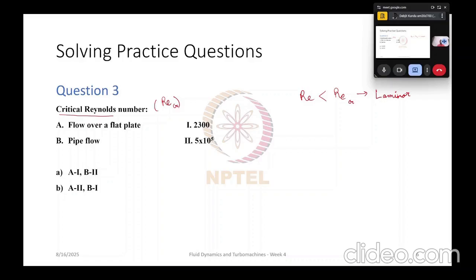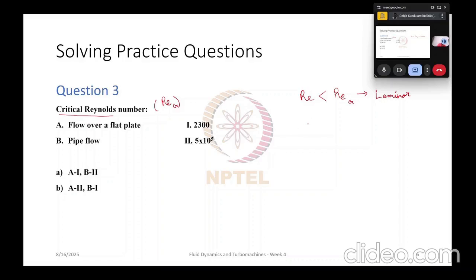The viscous effects dominate, and those disturbances die down, as a result of which we get laminar flow. So that is always guaranteed.